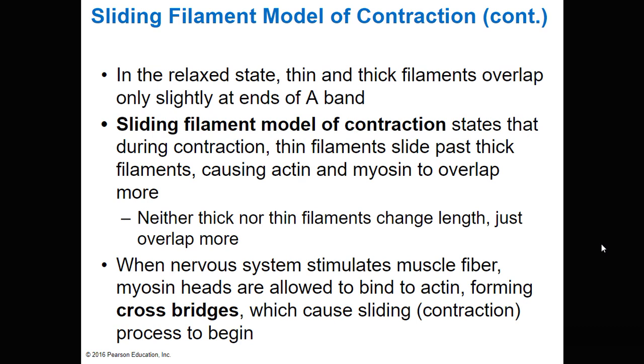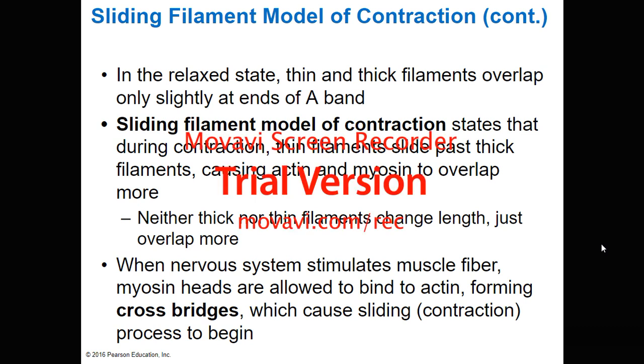When the nervous system stimulates a muscle fiber, myosin heads are allowed to bind to actin, forming cross bridges, which causes the sliding process to begin.